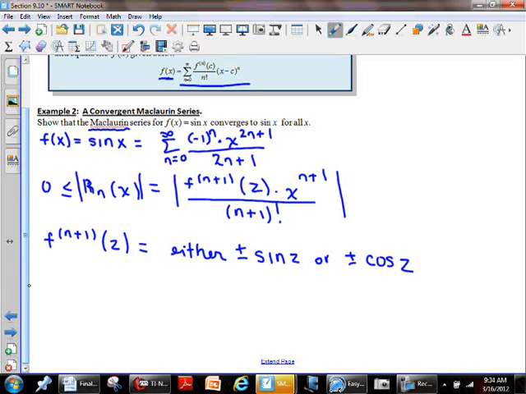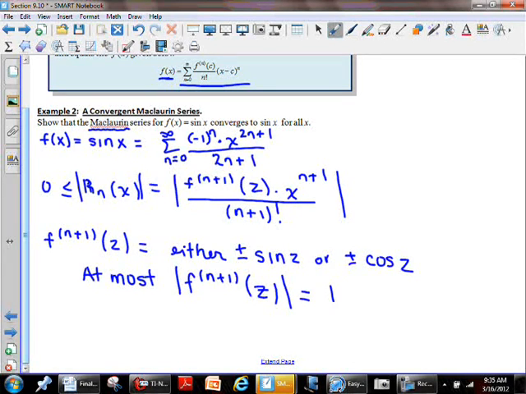And what we'll look at here is that at most, the worst possible value or the highest possible value of our n plus 1 derivative evaluated at some z would be equal to 1. Exactly. Your sine or cosine can never go any higher than 1 in this case. Most likely, for other values of z, you'll get something that's less than 1.